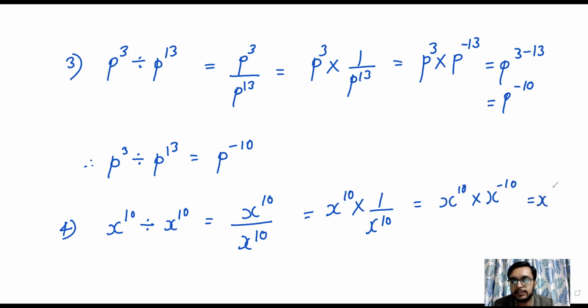And it is x raised to power 10 minus 10, x raised to power 0, and that will be equal to 1. Why? Any number having power 0, the answer will be 1, except 0.